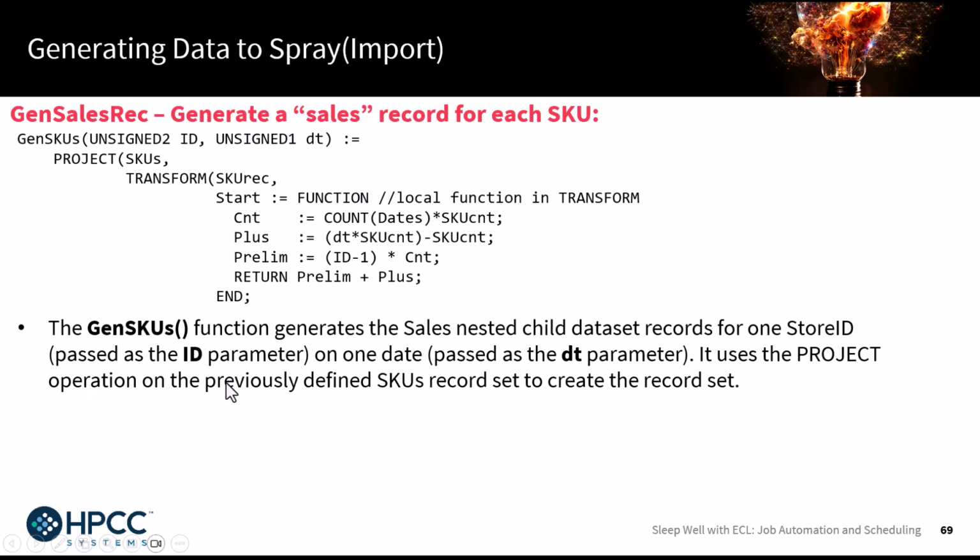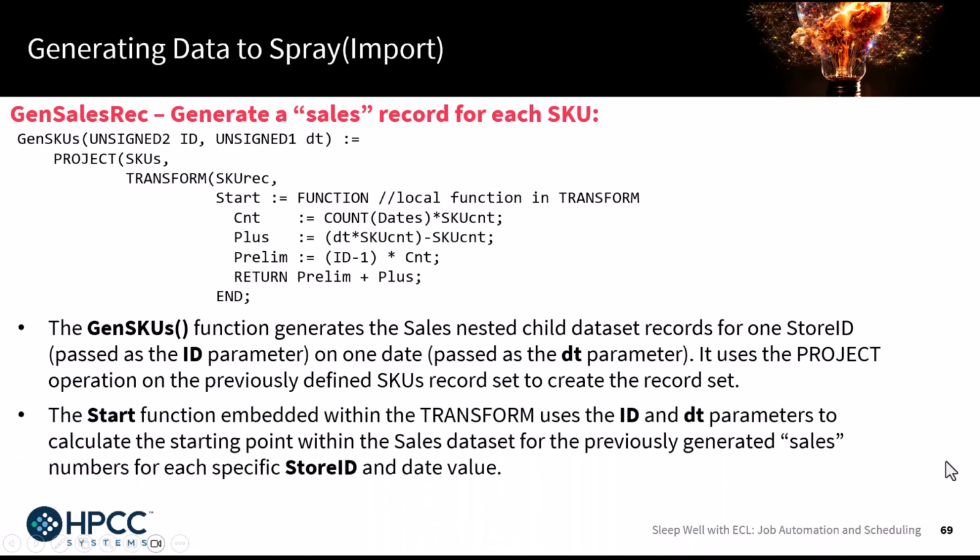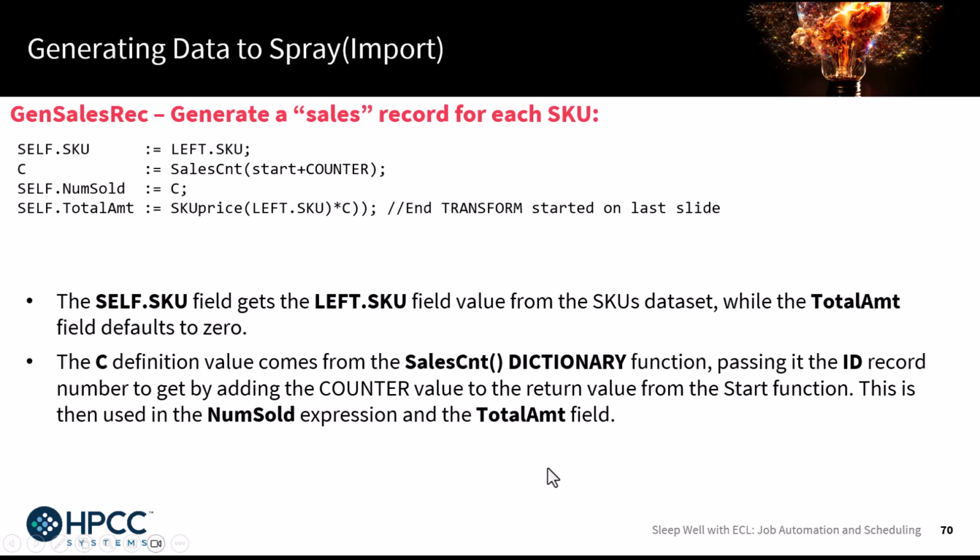It uses the project operation on the previously defined SKUs record set to create the record set. And then the start function, embedded within the transform, uses the ID and DT parameters as well to calculate the starting point within the sales data set for the previously generated sales numbers for each specific store ID and date value. All right, so we generate a sales record for each SKU.